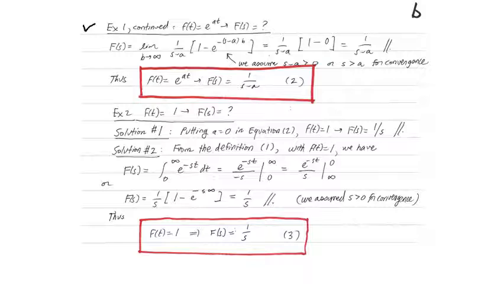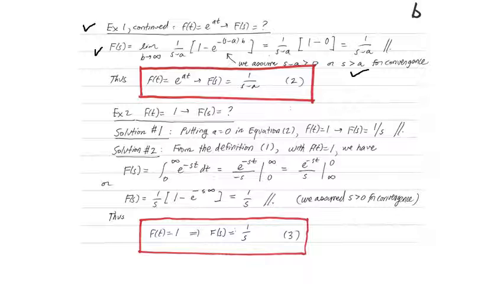So this is a problem we're trying to solve to find the Laplace transform of e to the at. At the bottom of the previous slide, we had this expression, and now we're ready to take this limit as b approaches infinity. Now we want this thing to converge, and in order for that to converge, we can assume that s minus a is just some positive number, or equivalently that s is greater than a, in order to have that limit exist and be finite.